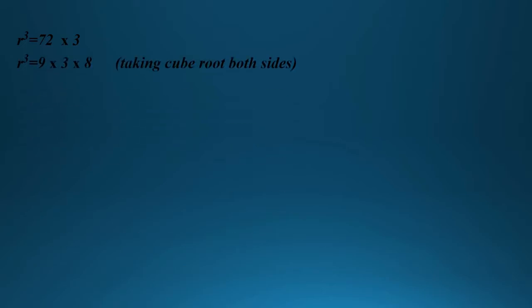We can factorize 72 into 3 as 9 into 3 into 8. R cube is equal to 9 into 3 into 8. Taking cube root both sides, we get cube root of 27 as 3 and cube root of 8 as 2. Therefore, R is equal to 3 into 2 is equal to 6. Radius of sphere is equal to 6 centimeter.